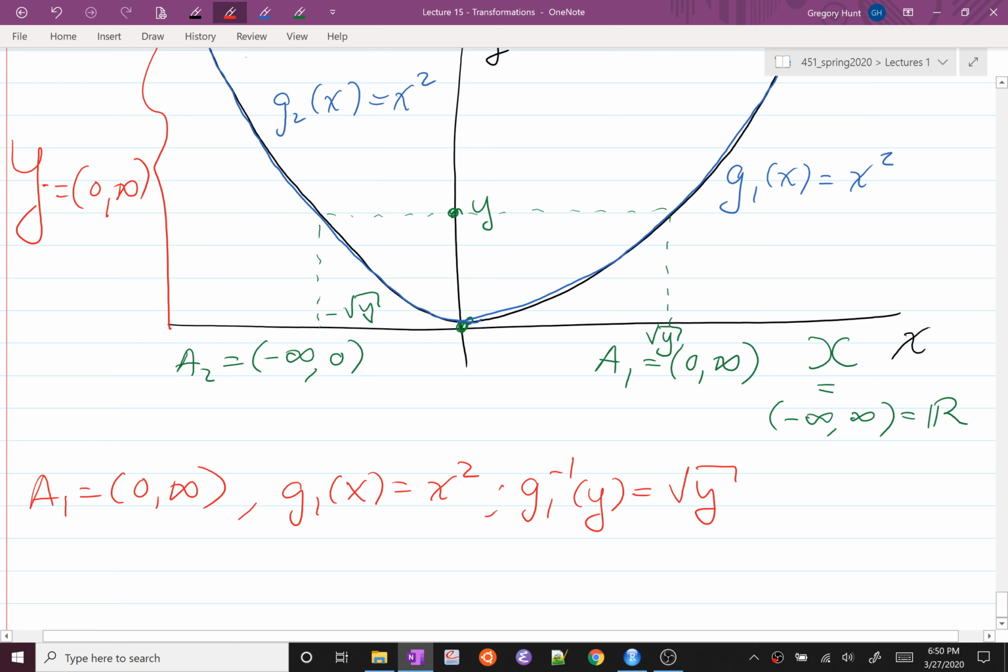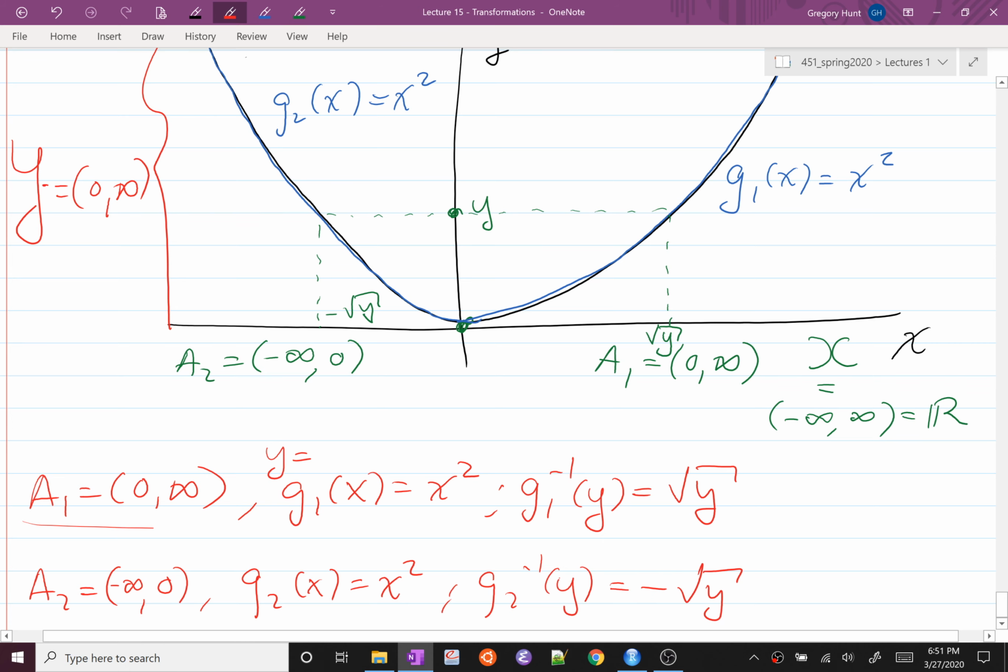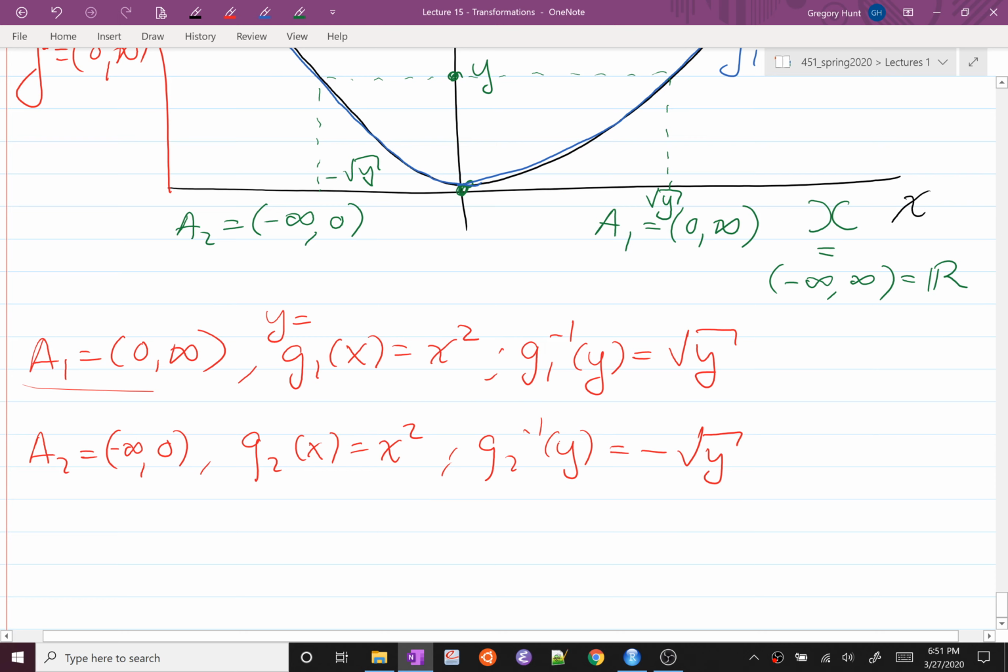If I were to solve y equals g1 of x, which is x squared, and we know on 0 to infinity that x is positive, then the inverse must be the square root. The alternative is that if we are on the set negative infinity to 0, g2 of x is still x squared, but g2 inverse of y is now negative root y. So the inverses are different here. So this is where we're going to see some difference in this problem, right?